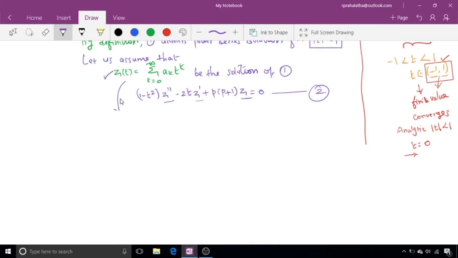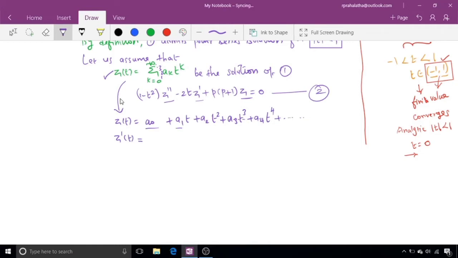Also, we can expand the summation as z of t equal to, substituting k equal to 0, 1, 2, 3 and so on to infinity. For k equal to 0, we get a0 t power 0, k equal to 1, a1 t power 1, k equal to 2 and so on. Now differentiating, z dash of t: the derivative of a constant with respect to any variable is 0.